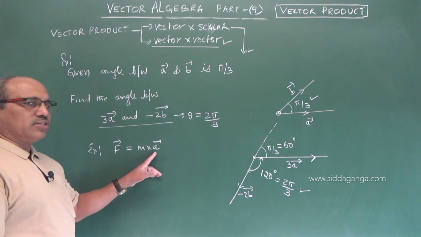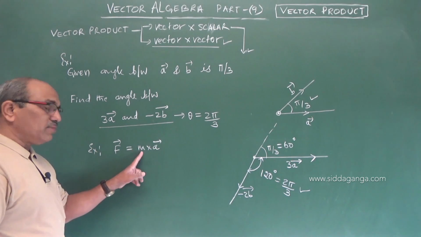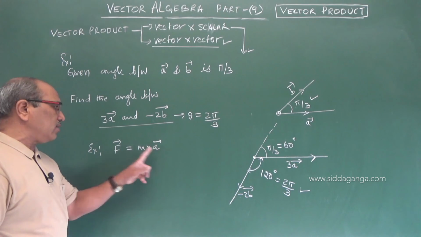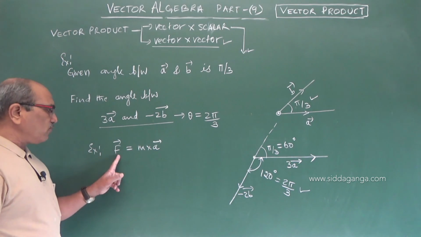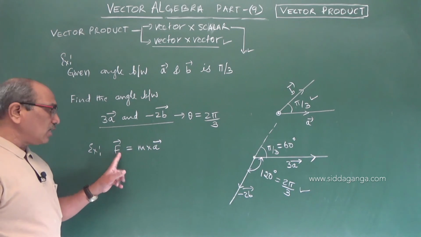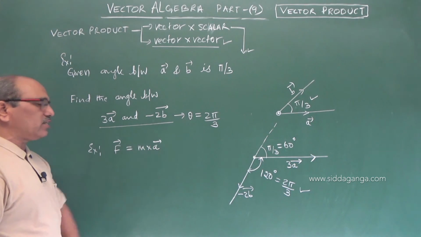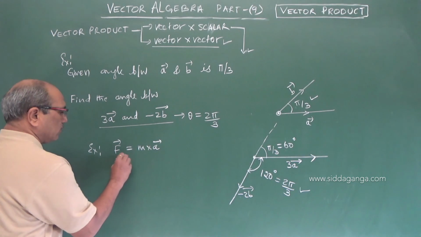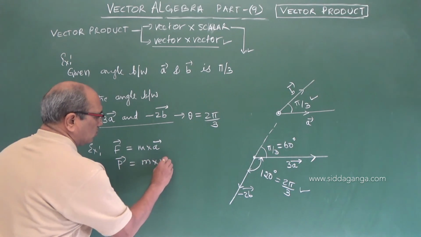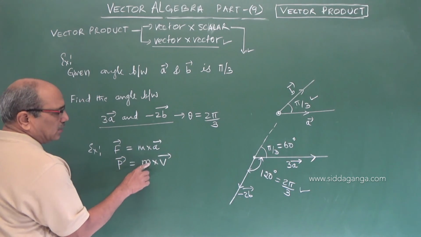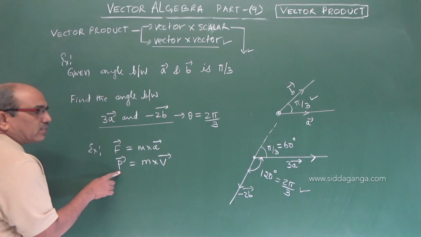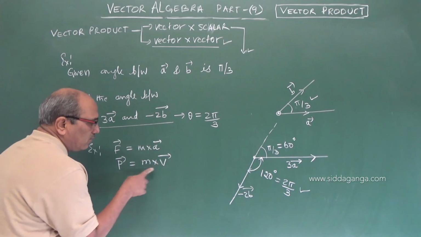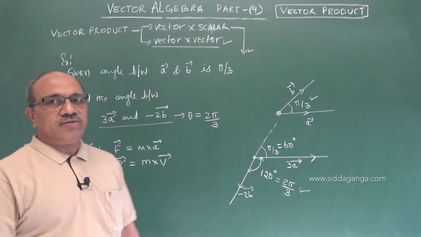A is acceleration, a vector. M is mass, a scalar. Scalar into vector is a vector. Or you can take the momentum P as mass into velocity. Mass is a scalar, velocity is a vector, and we get a vector.